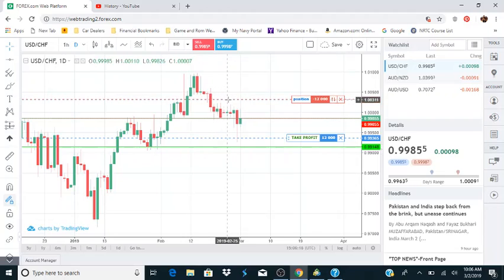But I did catch it right here as it was going down, and it is my belief that it is going to travel down at some point to the support area. But right now we're going to try to take our profit right here, because we're so close to it. We do not believe that it's going to reverse and go all the way back up here. But if it did, once again, I would definitely get in on this position.